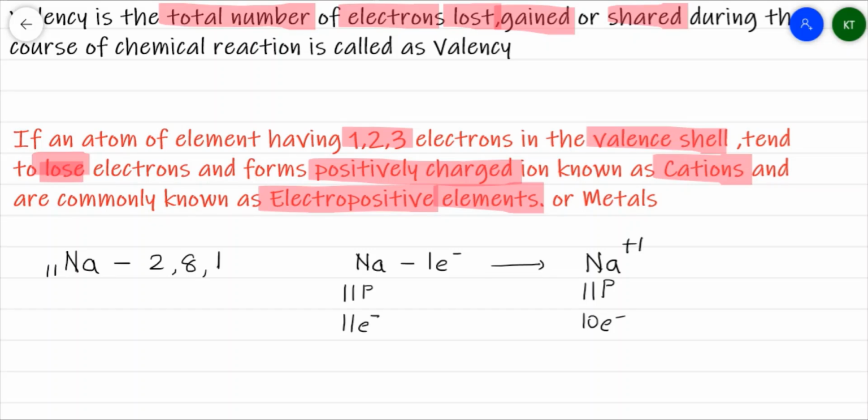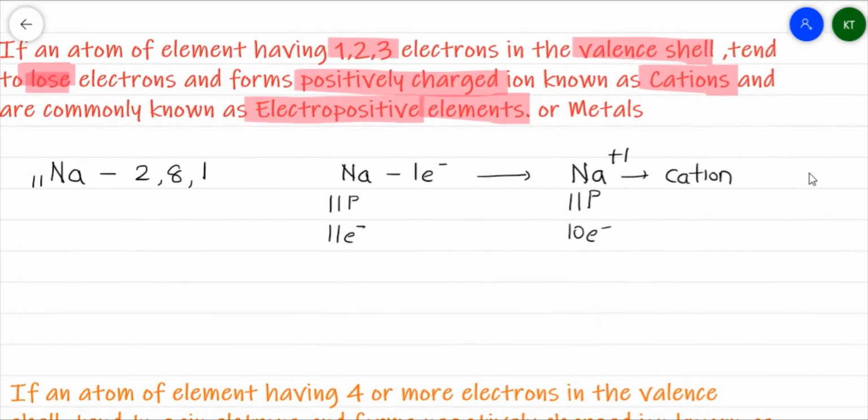That means one positive charge is left. That's how it acquires a positive charge on sodium. So this positively charged ion, we call it a cation. And due to this, they are called electropositive elements, or we generally consider them as metals.